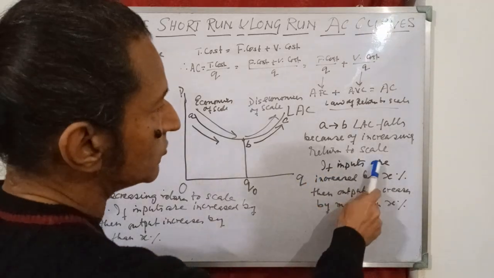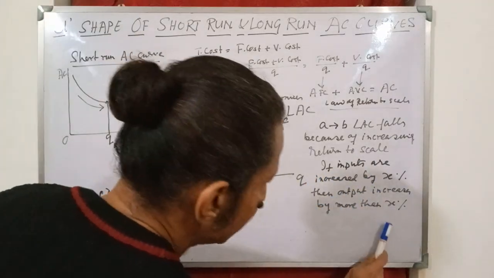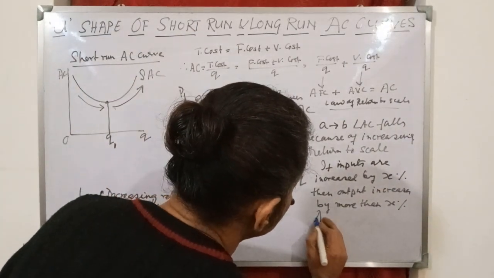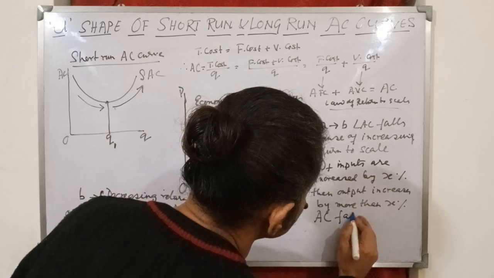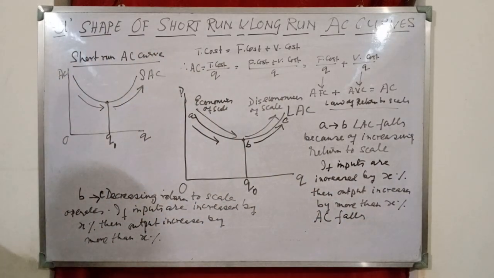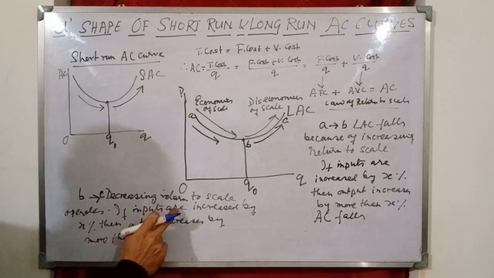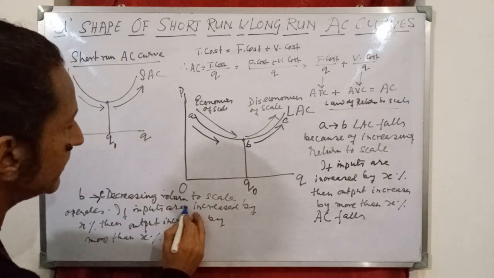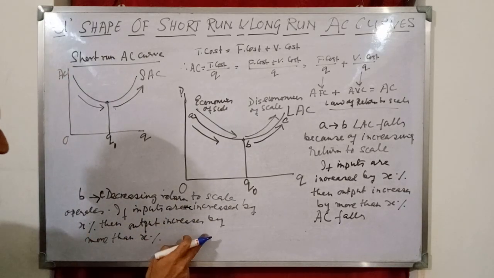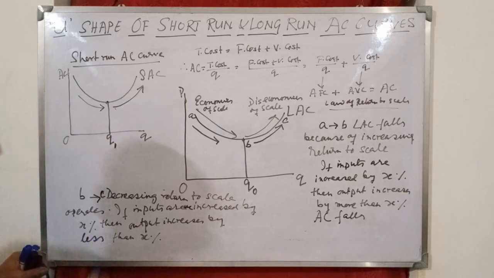Here, if inputs are increased by X%, then output increases by more than X%. This means average cost falls. And here, from B to C, if inputs are increased by X%, then output increases by less than X%.